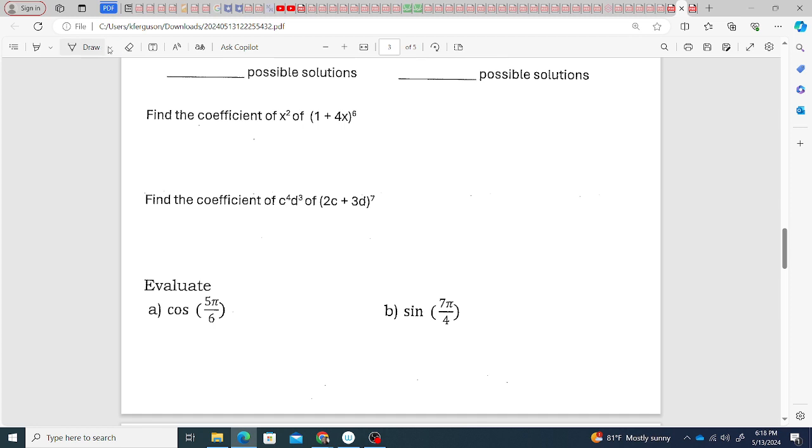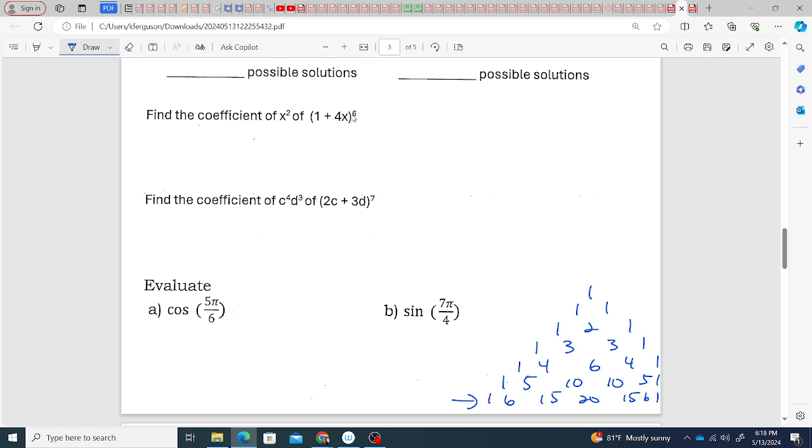Starts off at 1, then 1 and 1, then 1, 2 and 1, then 1, 3, 3 and 1, then 1, 4, 6, 4 and 1, then 1, 5, 10, 10, 5 and 1, and then 1, 6, 15, 20, 15, 6 and 1. So that's the row I'm looking at.